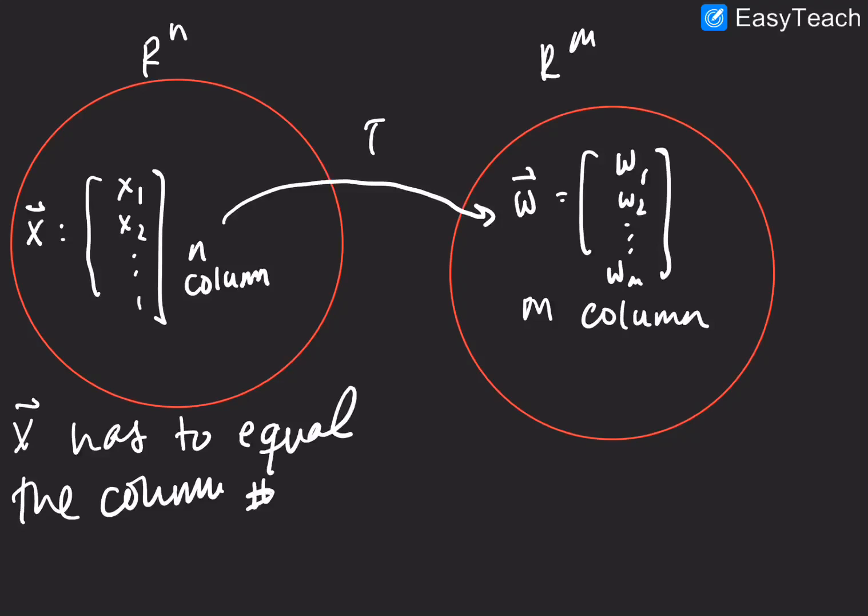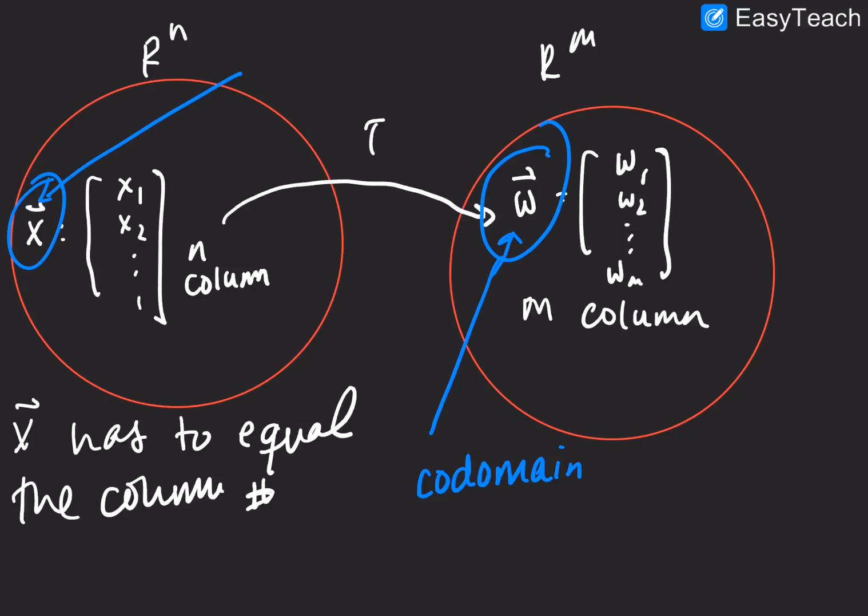Oh, one thing. Let's make it a different color. This w represents the codomain, and this x vector represents the domain. So the w is the codomain and the x is the domain.